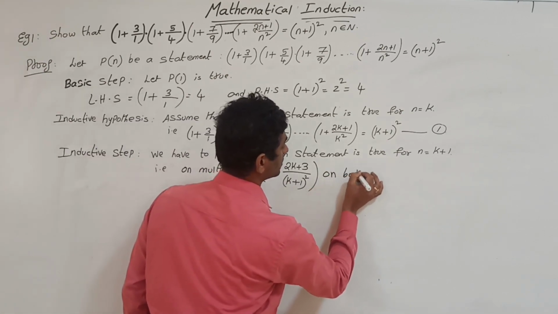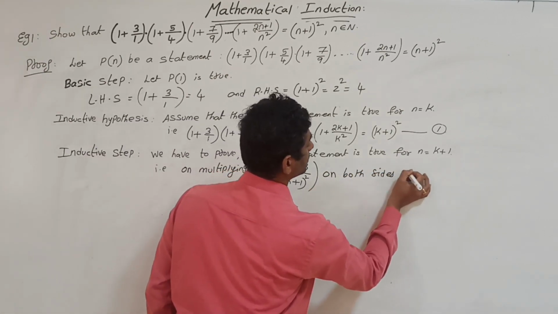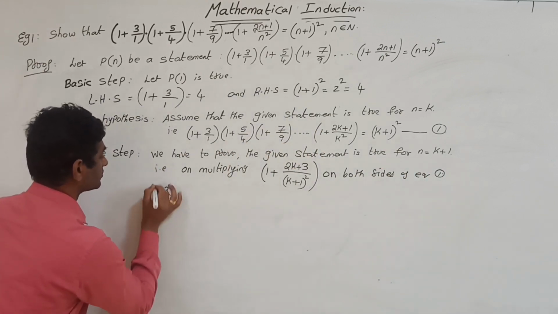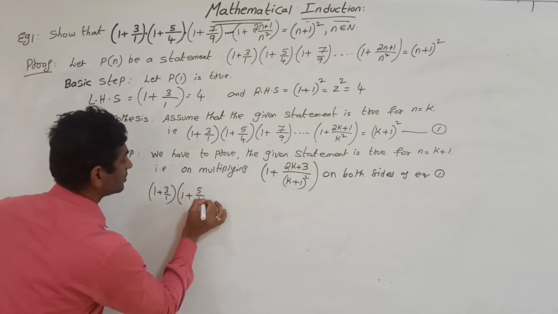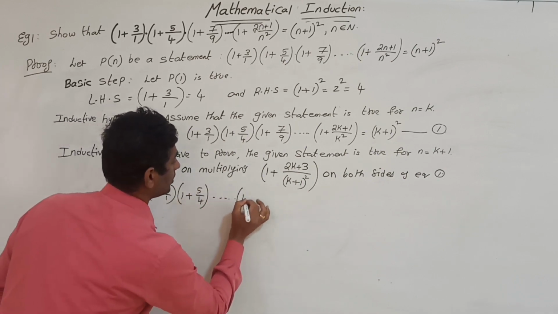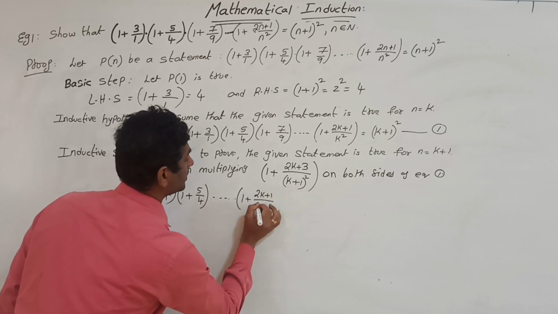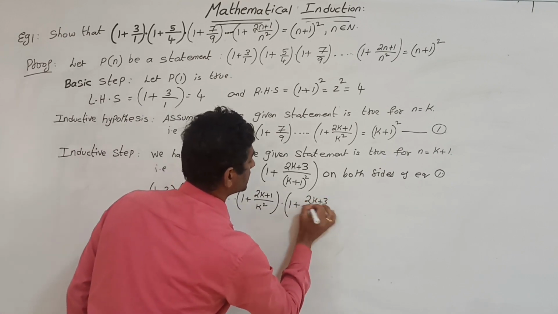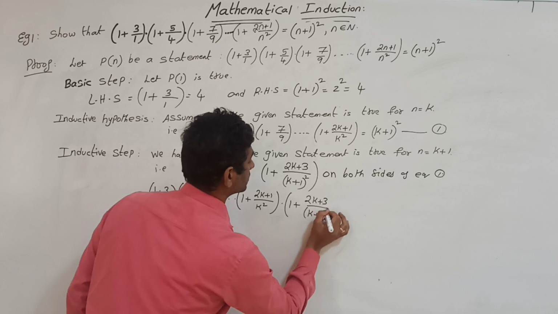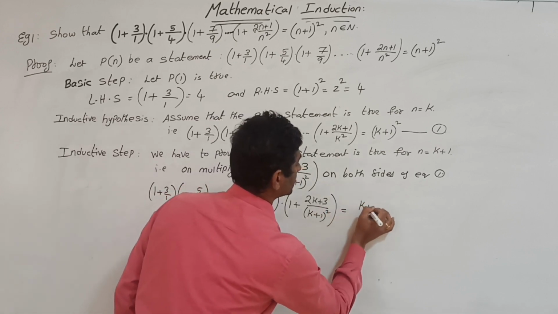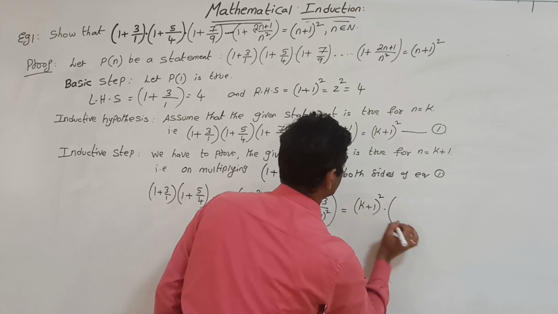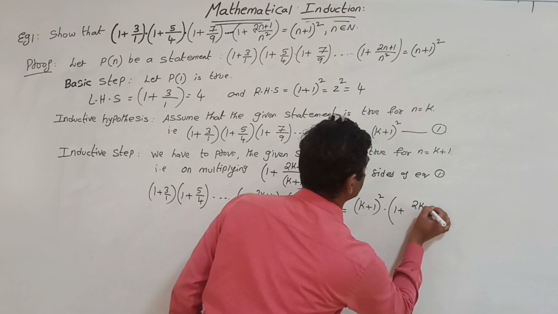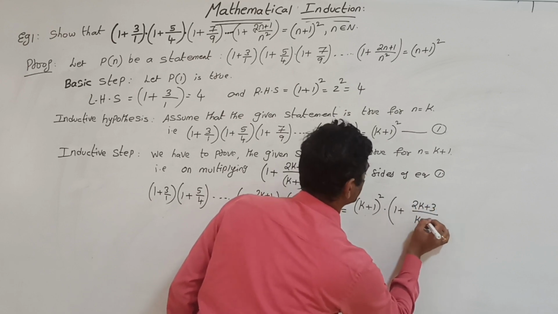on both sides of equation 1. So what will be 1 plus 3 by 1, 1 plus 5 by 4, so on, 1 plus 2k plus 1 by k square into 1 plus 2k plus 3 by k plus 1 whole square is equal to k plus 1 whole square into, because we are multiplying both sides with this term, 1 plus 2k plus 3 by k plus 1 whole square.